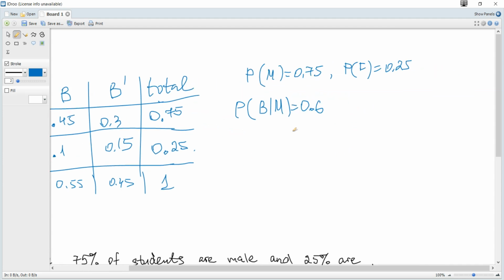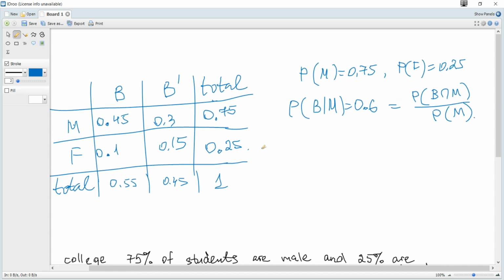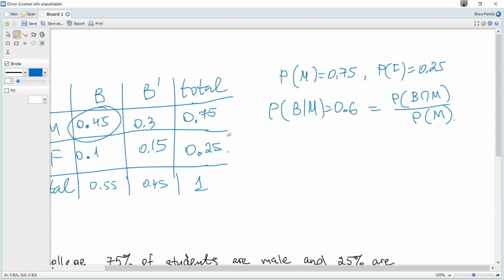Using the formula for conditional probability, it becomes probability of B and M divided by probability of M, and you can see that B and M is just a multiplication.